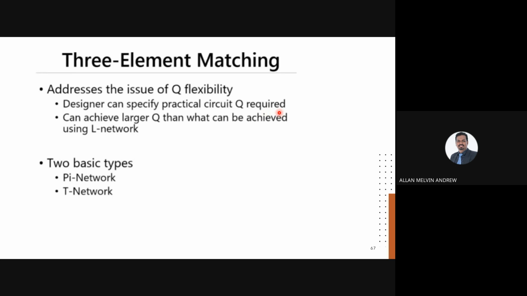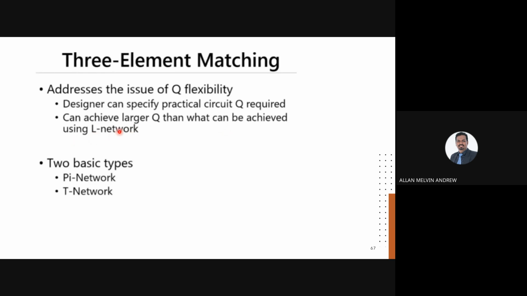Before the production prepares the circuit, the antenna designer must tell them the Q value wanted, so they change the resistance, capacitor and inductance values to give a practical Q, and can achieve a larger Q than what can be achieved using the L network.